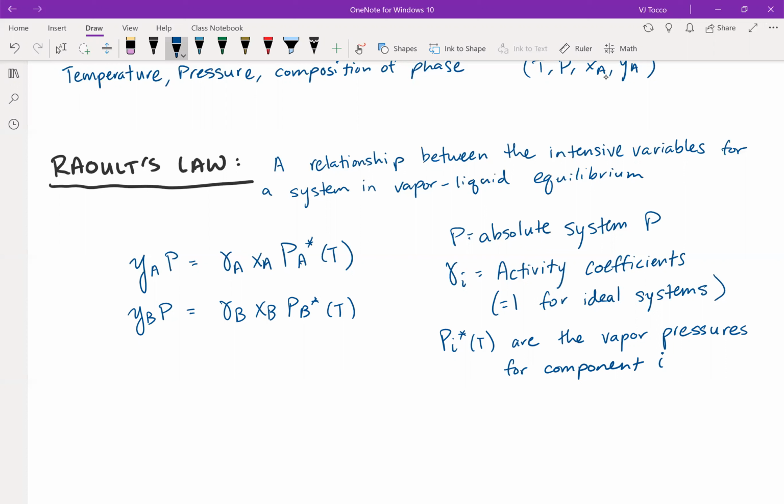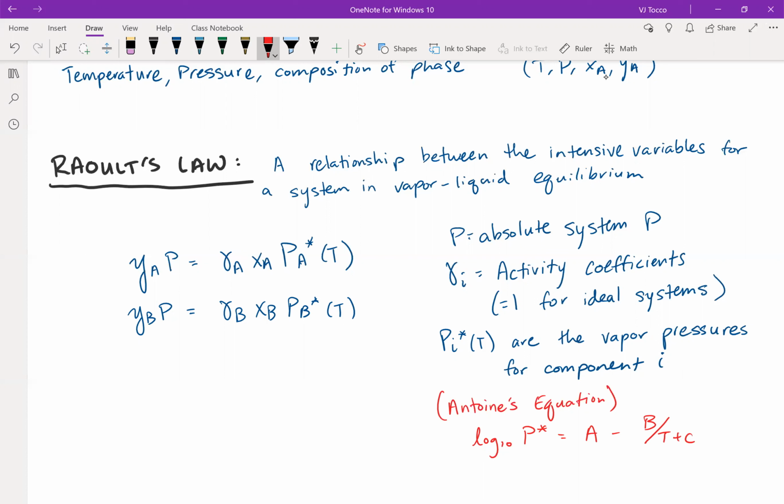So also remember from MEB that the most common equation that we use for vapor pressure as a function of T is Antoine's equation. So you can find vapor pressures by using Antoine's equation, which says that, and you'll find different forms of Antoine's equation, but the most common one is log base 10 of P star is equal to A minus B over T plus C, where A, B, and C are all Antoine's constants that you can look up in a table.